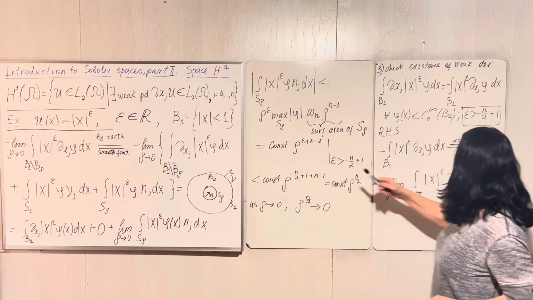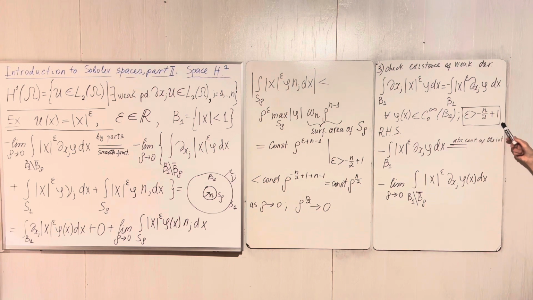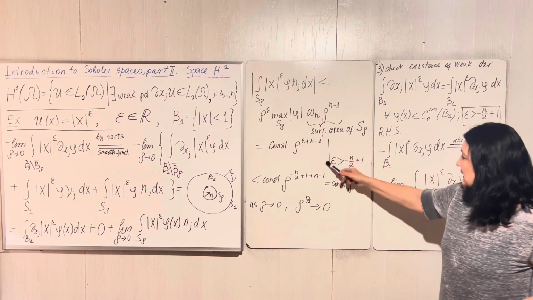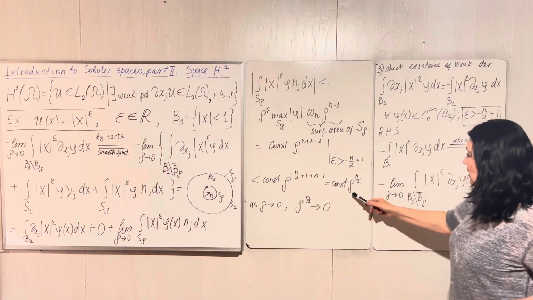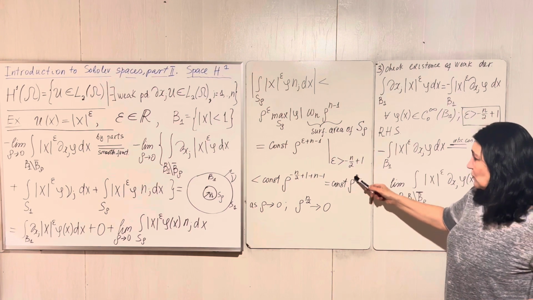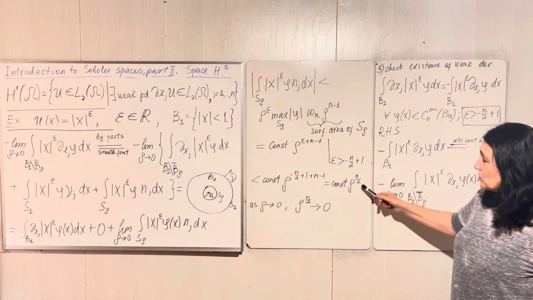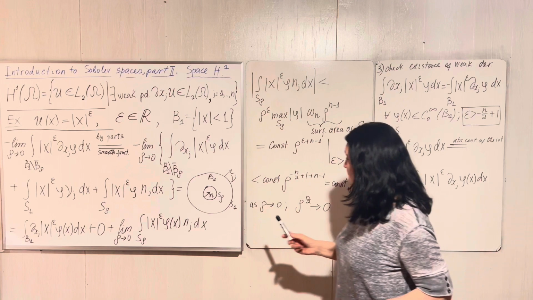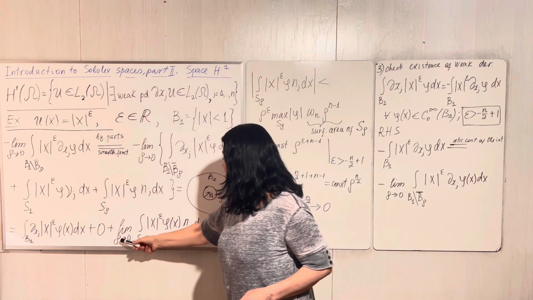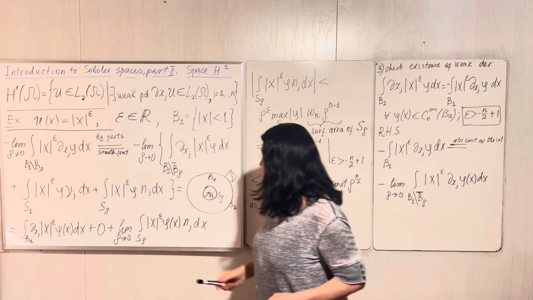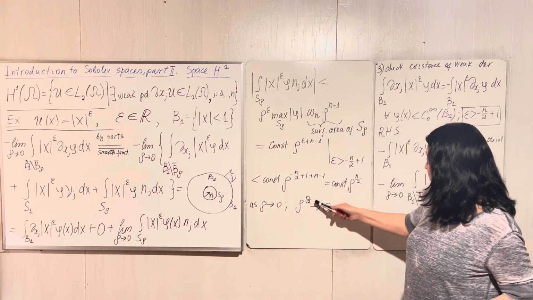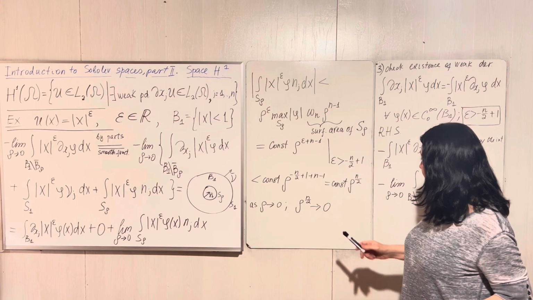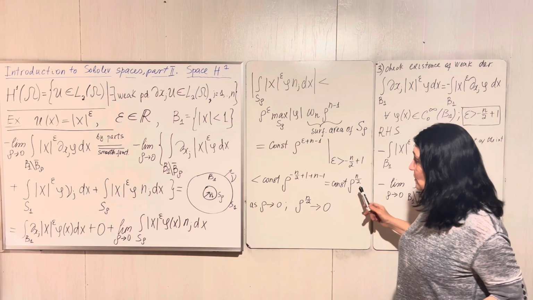And for our epsilon, we have here the inequality. I just copied it here, and finally we will see that we can estimate everything with rho to the power n over 2. When we compute the limit as rho approaches 0, rho to the n over 2 also will approach 0.